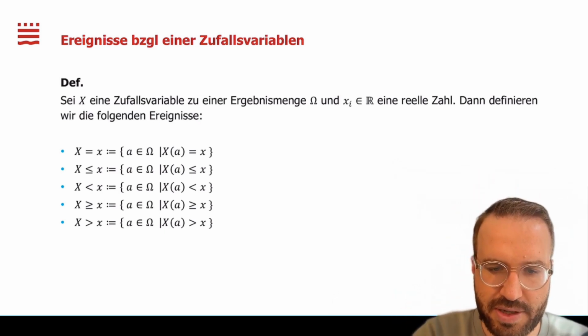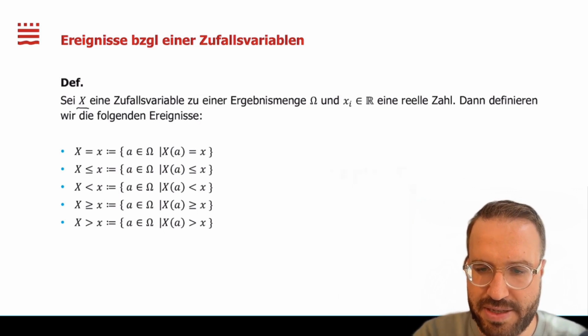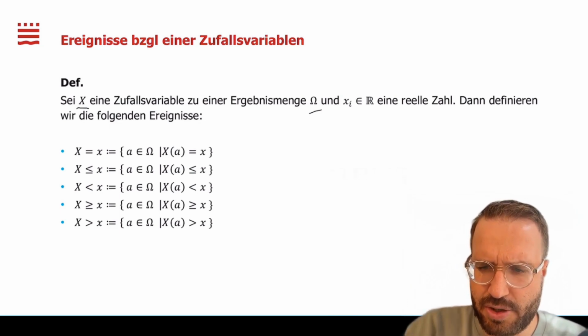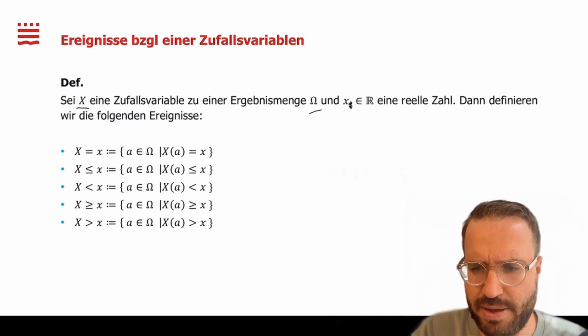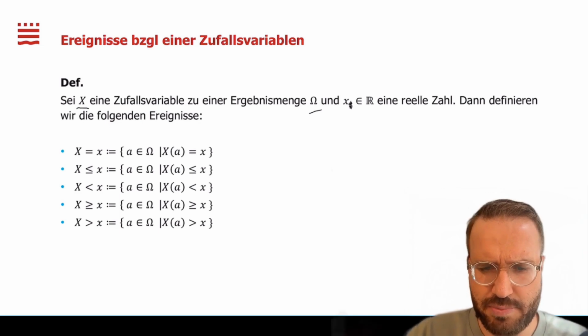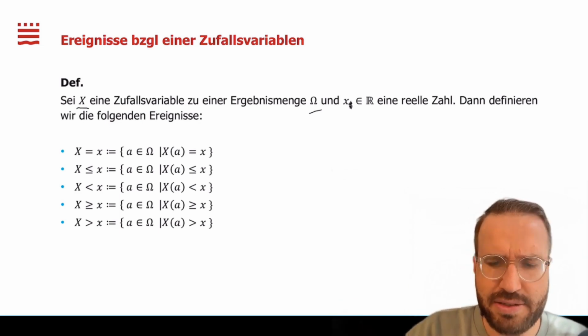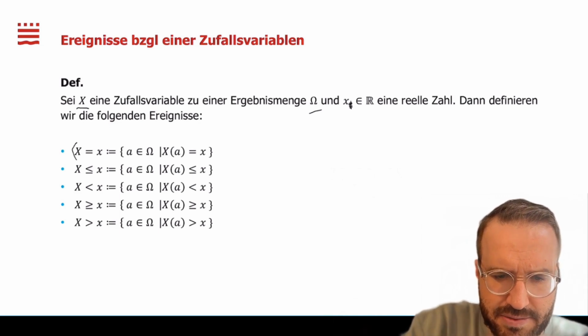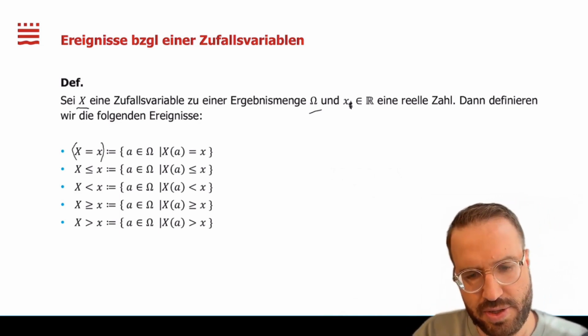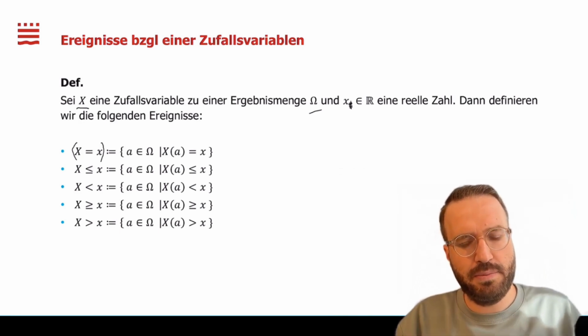So we have a random variable X, we have a sample space omega, and we have an x that is an element of R. We are looking for any number. For example, we will make an example shortly, then we can express the event. I will write this in parentheses to clarify that X equals x is not an equation, but rather an event.